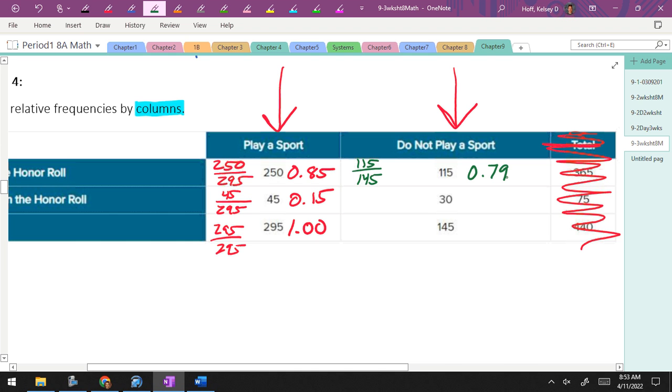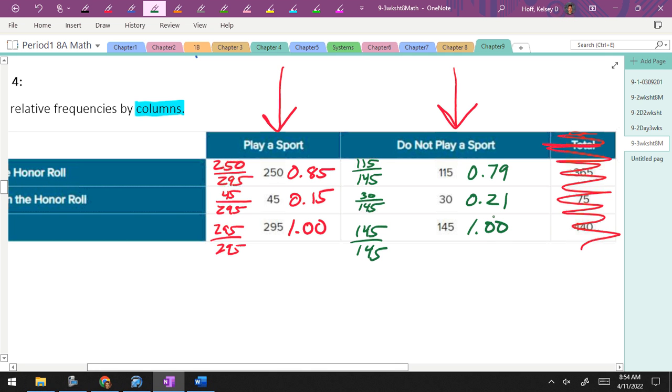And the next one we would write 30 divided by 145. 0.21. 145 divided by 145 is 1.00. Good job with the zeros. That bottom one should always be 1.00.